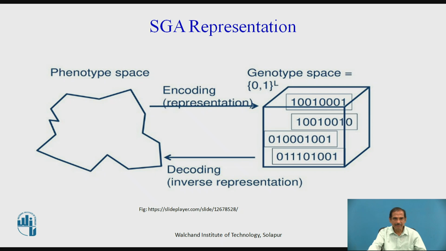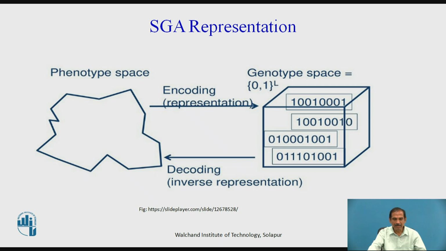The phenotype space is encoded into a genotype, and these genotypes are represented as genes of a fixed length, and all these genes, represented as zeros and ones, contribute to our chromosome, which has a particular length. Each individual has a particular representation, and they are called individuals of the total population.